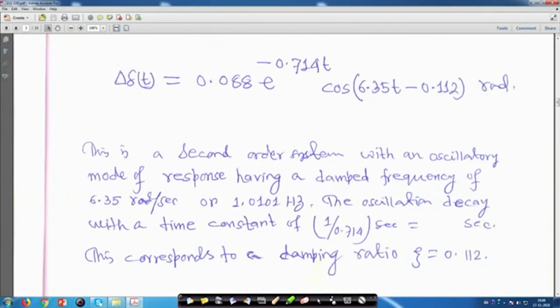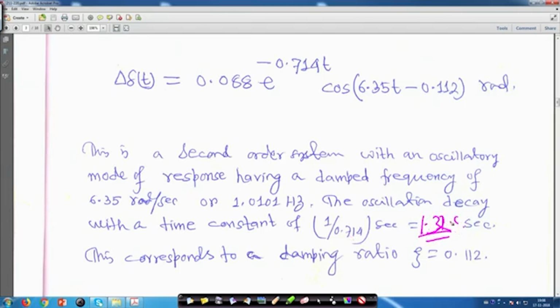So, this is a second order system with an oscillatory mode of response having a damped frequency of 6.35 radian per second. Every term of delta or delta omega t is attached with a sinusoidal term, or 1.0101 hertz. The oscillation decays with a time constant of 1 upon 0.714. I have not calculated it, but it will be approximately 1.32 second.